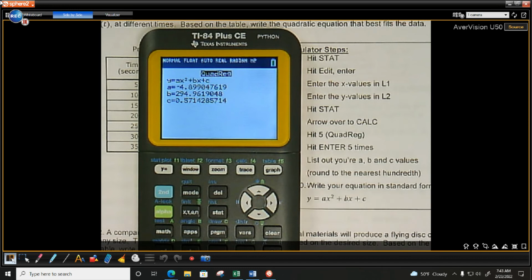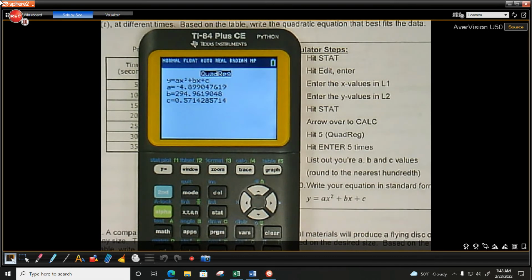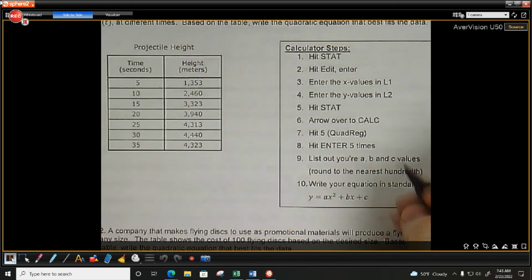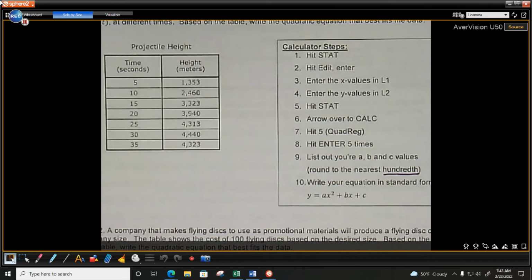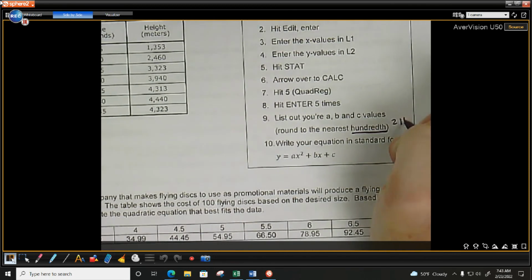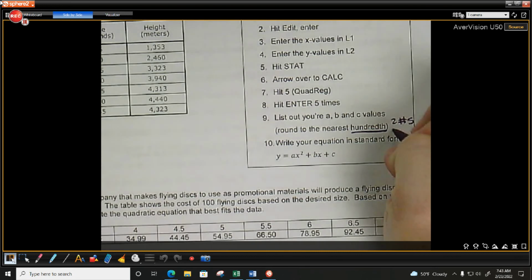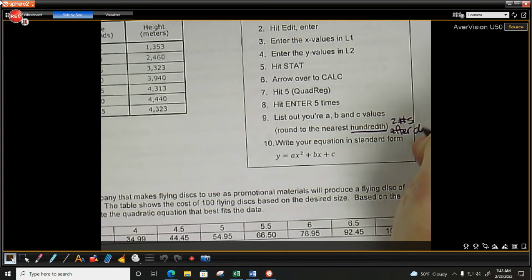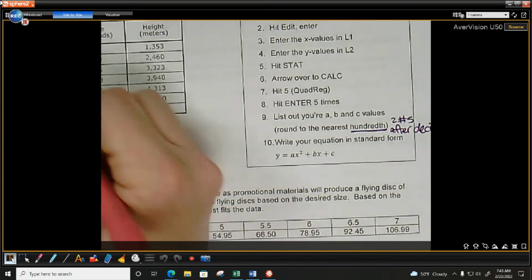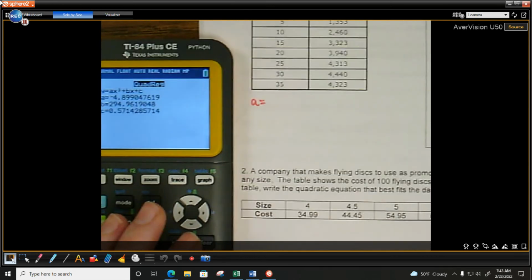Okay? You need to make sure you round the correct way. It's always going to tell you. This says nearest hundredth. How many numbers after the decimal is hundredth? 2 numbers after the decimal. Okay, so looking at my calculator, what's the A value? -4.